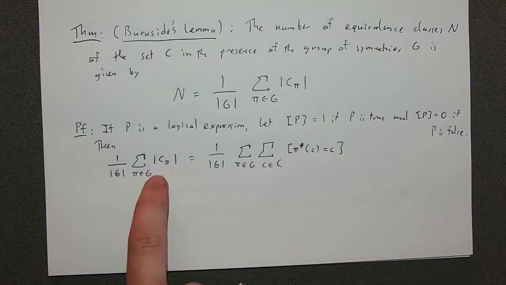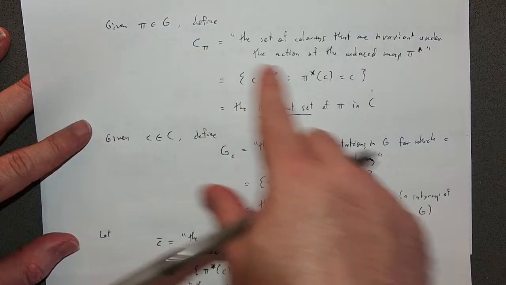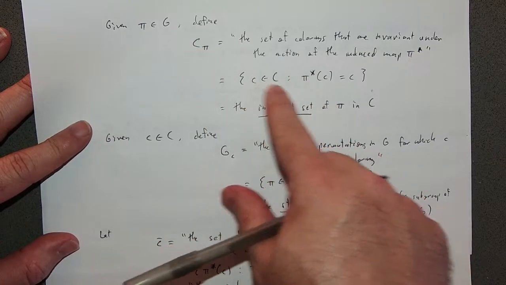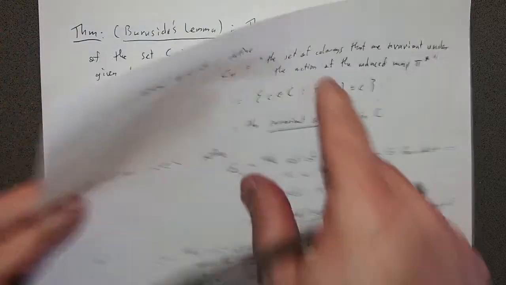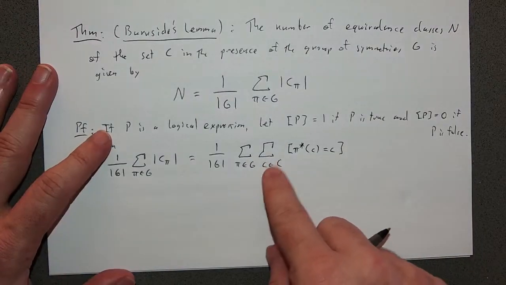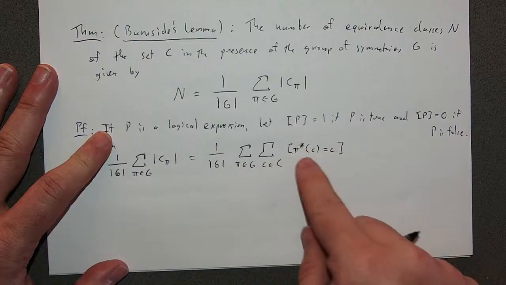Counting the size of this invariant set, here's the invariant set. The size of this is the number of colorings fixed by pi star, which is the number of times in this sum this statement is true.